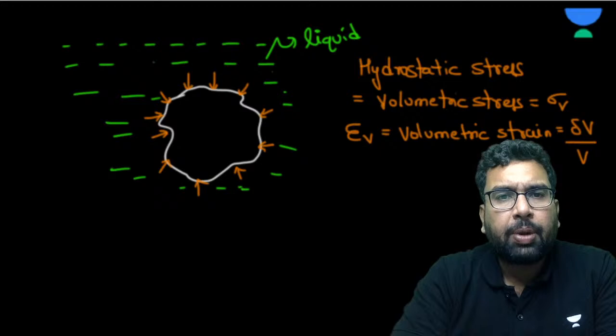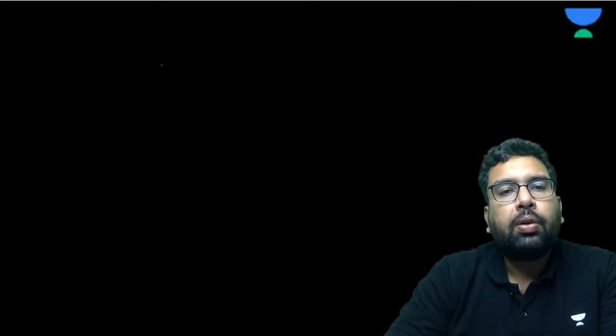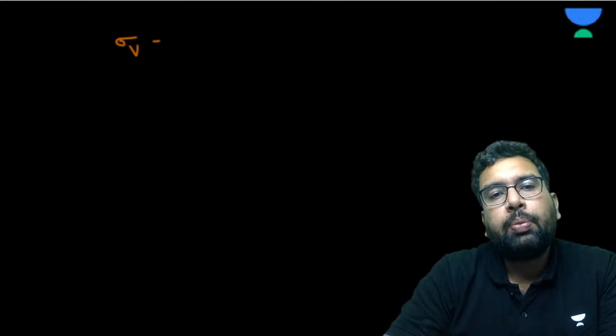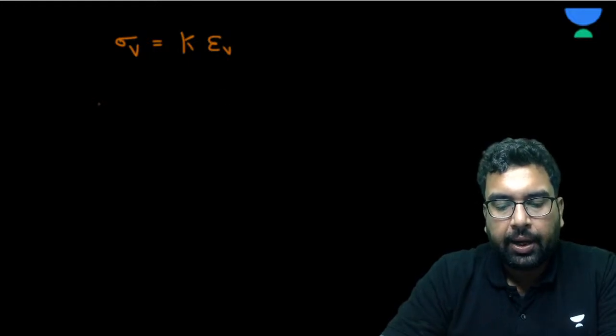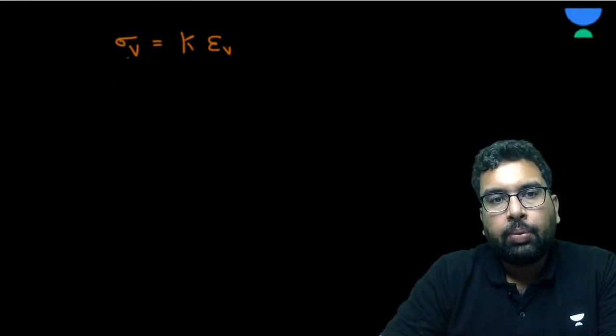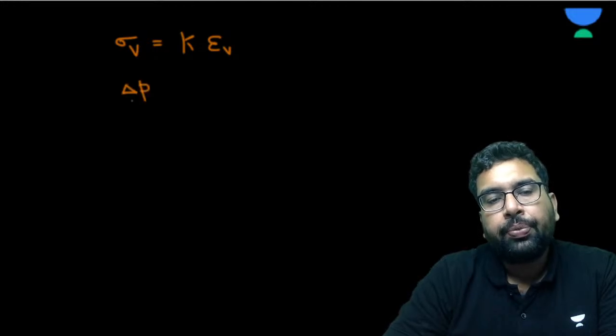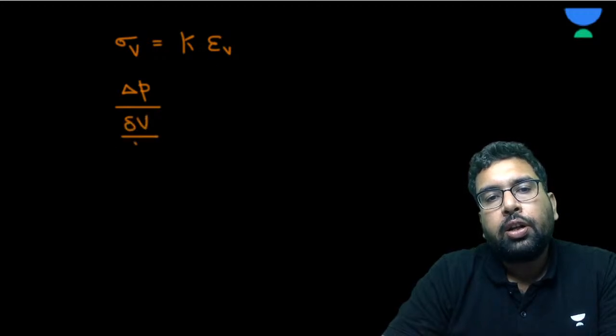See, just a simple formula. Volumetric stress is proportional to volumetric strain. So K times the volumetric strain. The volumetric stress is the change in pressure, divided by the volumetric strain, which is change in volume upon original volume.